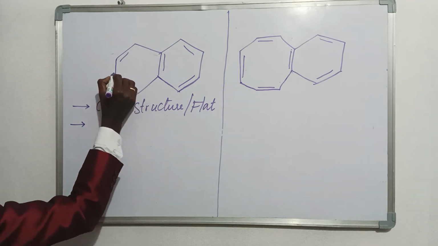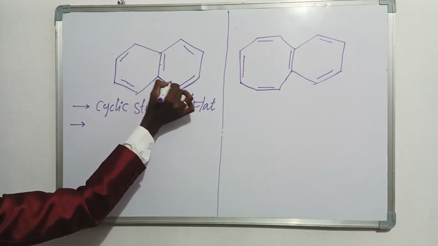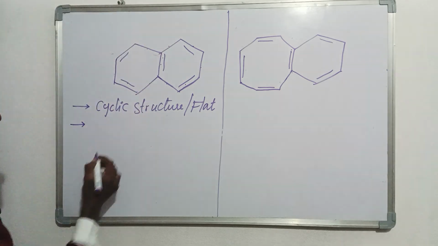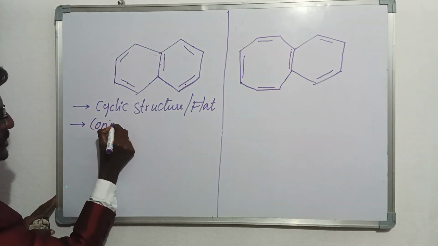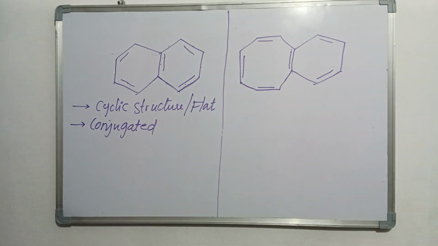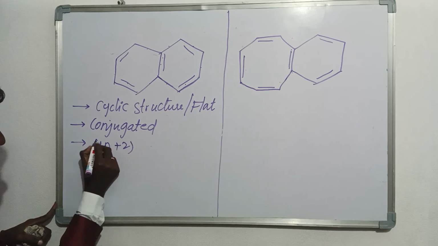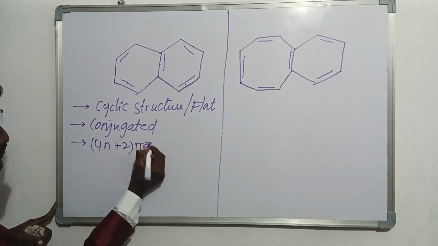That means double bond, single bond, double bond, single bond, double bond, single bond. So a conjugated system is present, and 4n plus 2 pi electrons.